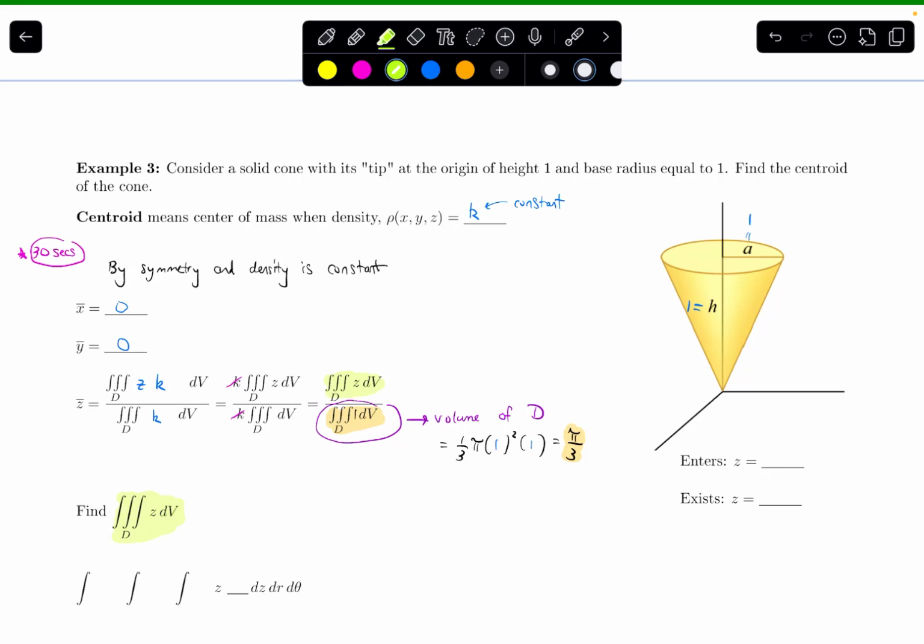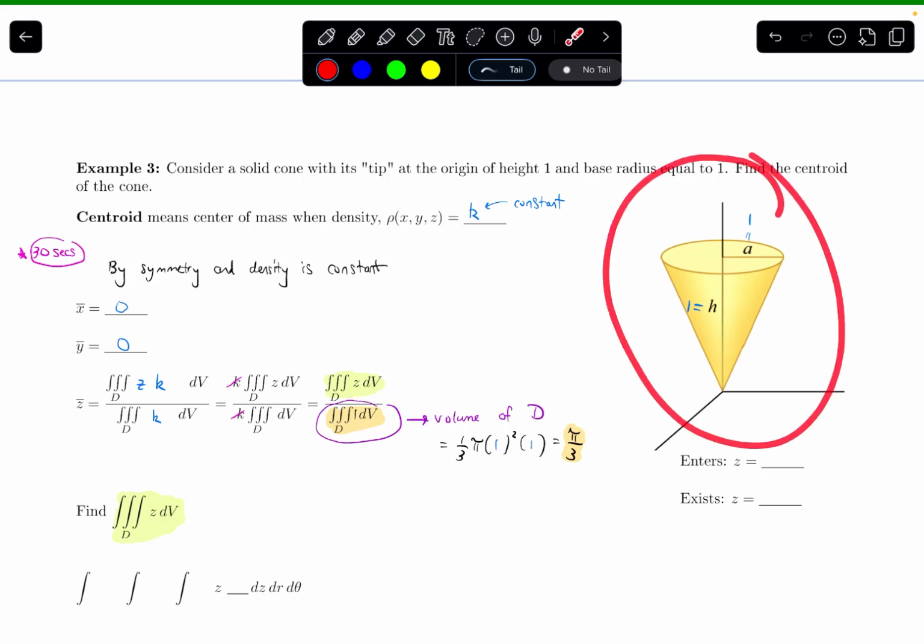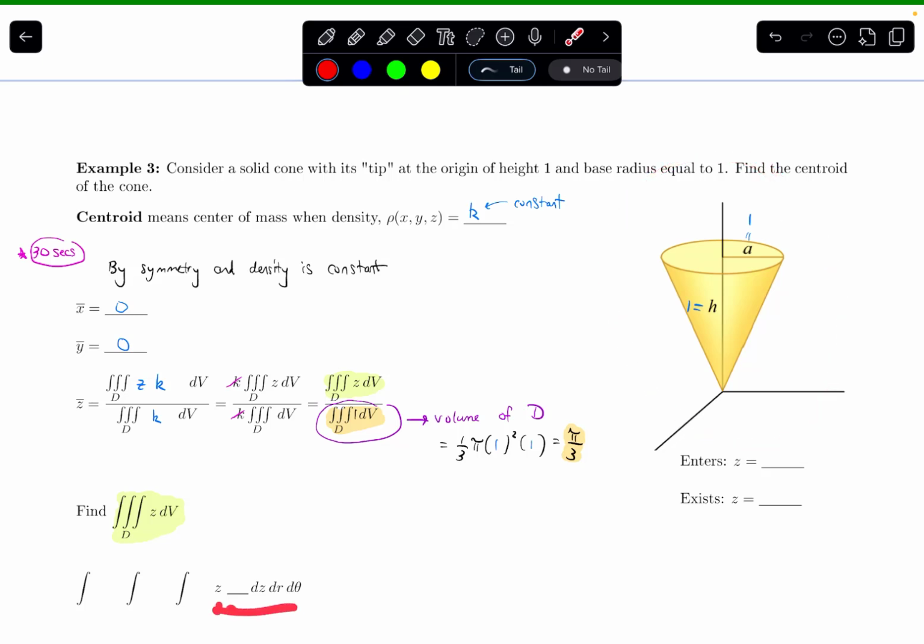Okay. So one of the things I'm going to do now is convert this whole thing to cylindrical coordinates. In fact, you might be able to tell that just by looking below here in my notes. The reason I'm doing that is this solid, this cone, is circular in nature. In fact, the cross sections are all circles.